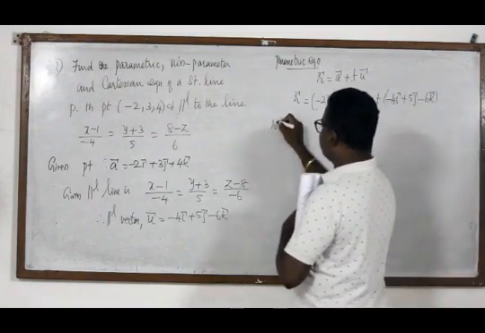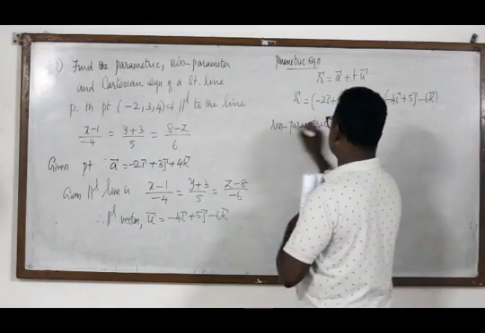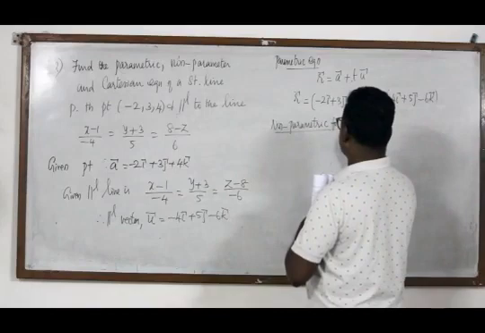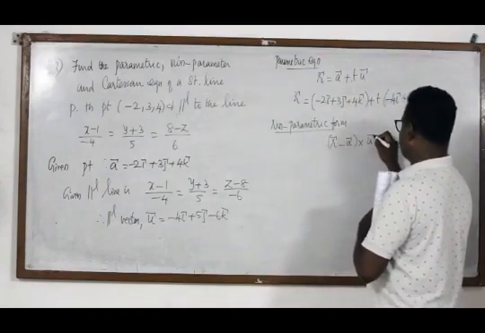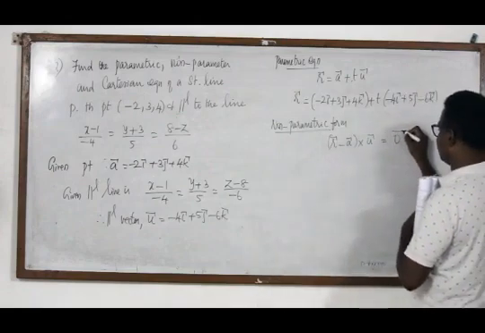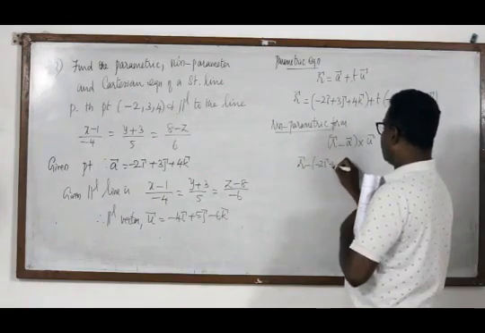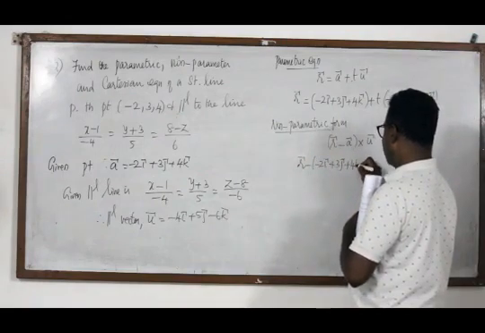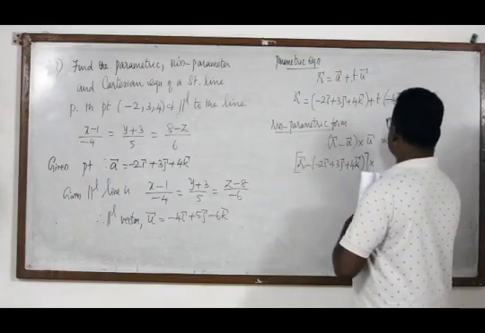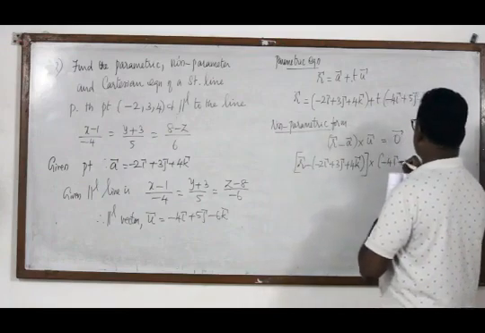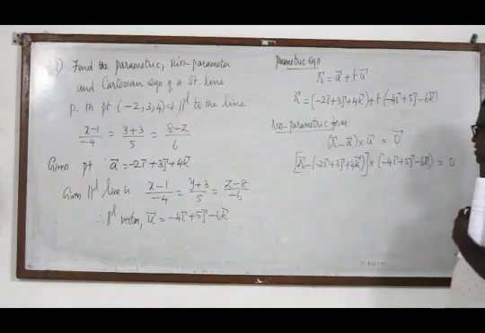Now, non-parametric is (R minus A) cross U vector equal to 0 vector. R minus A is minus 2i plus 3j plus 4k, cross U, which is minus 4i plus 5j minus 6k. This is equal to 0.